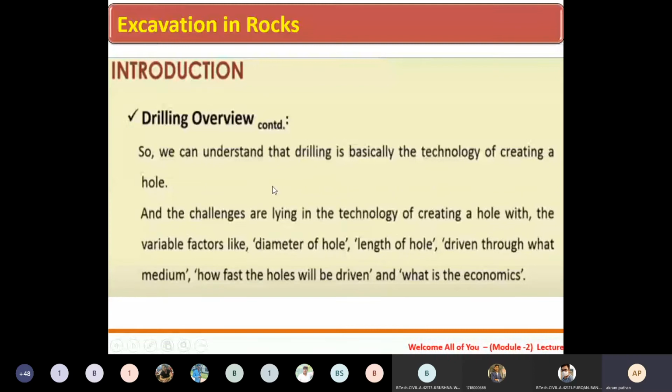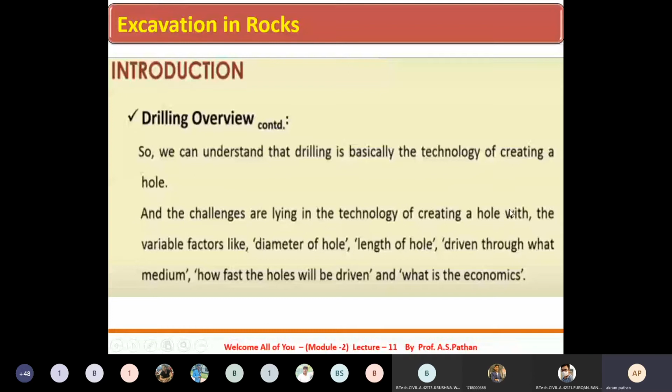So we can understand that drilling is basically the technology for creating a hole, and the challenges lie in creating a hole in a particular rock. The hole may be small or it may be bigger.